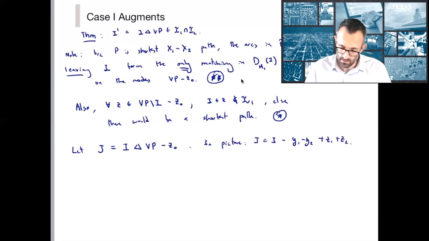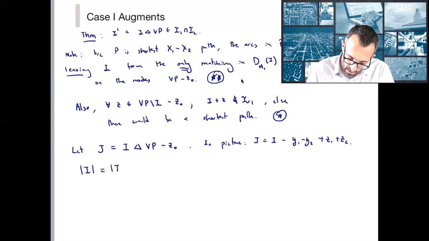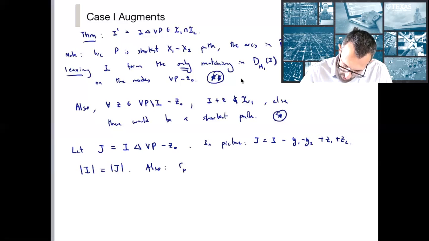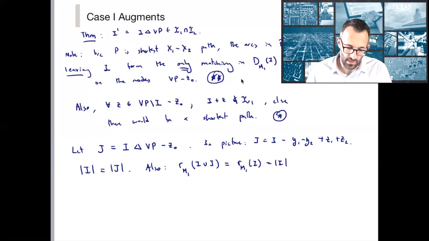So in this case, you see that for this J, we have that the cardinality of I and J is the same. What else do we have? Also, my claim is that with respect to the first matroid, the rank of J is equal to the rank of I. In other words, just the cardinality of I. And why is this? This follows from the property star.